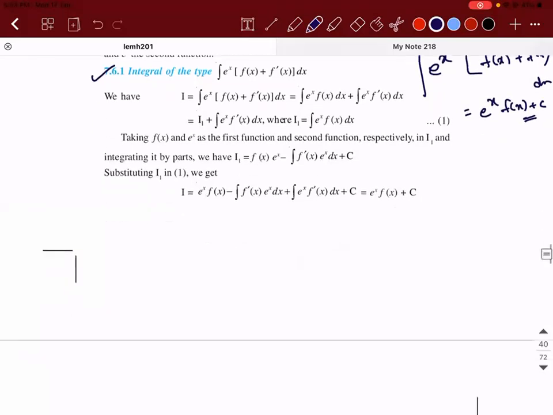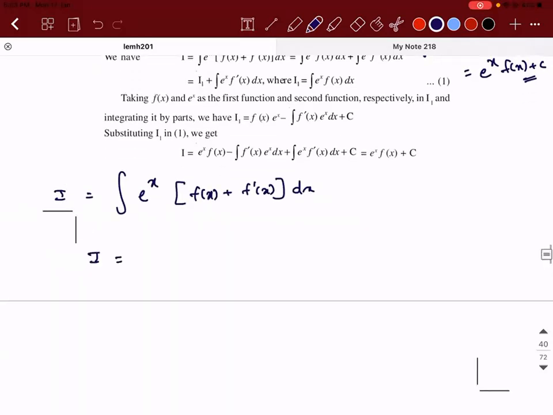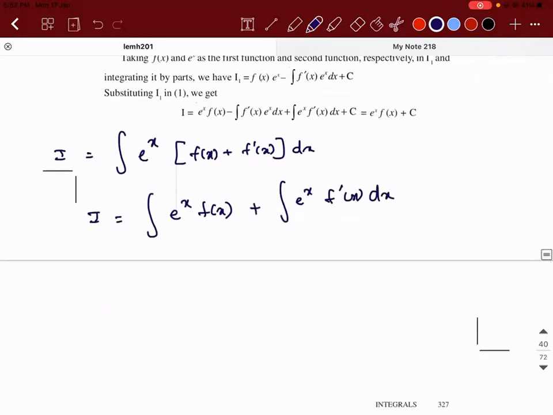Okay. So I'll show you the proof. It is very simple. So the integral of e power x into f of x plus f dash of x dx is there, right? If I take this as I, then I will be equal to the integral of e power x into f of x plus the integral of e power x into f dash of x dx.